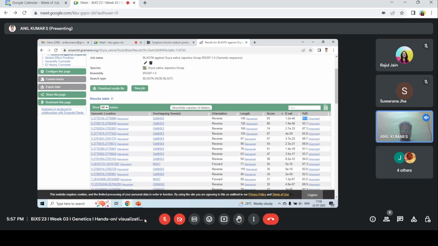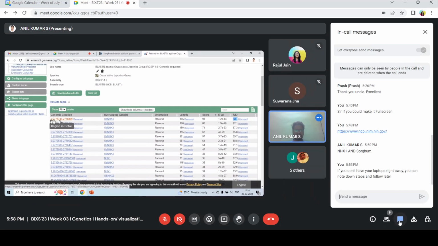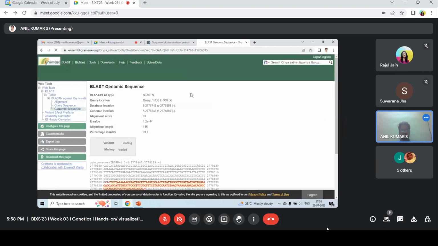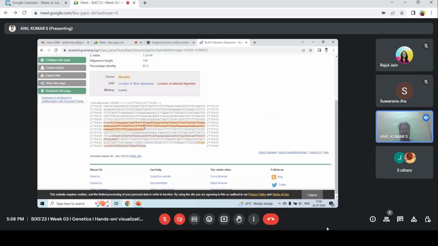The gene that you are searching for is located on chromosome number 5, and this is the position of that particular gene. It is located between this length. So click on the gene sequence. See here, you will get a sequence like this.